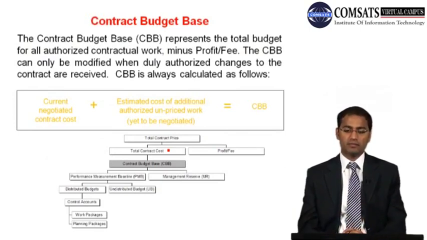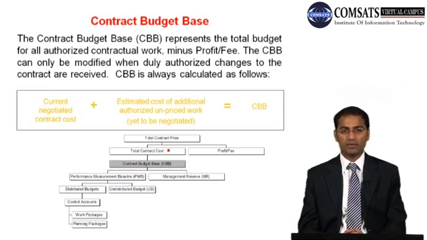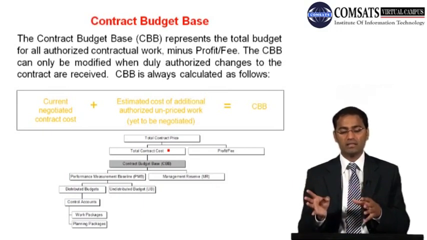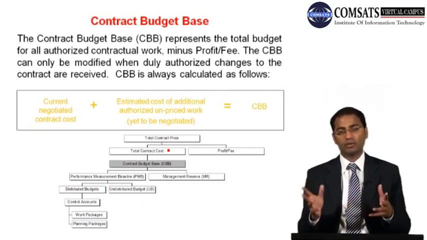Contract budget base represents the total budget for all authorized contractual work minus profit. The CBB can only be modified when duly authorized changes to the contract are received. CBB is always calculated as follows: current negotiated contract cost plus estimated cost of authorized unpriced work yet to be negotiated.